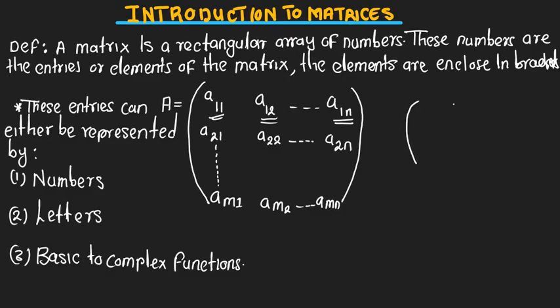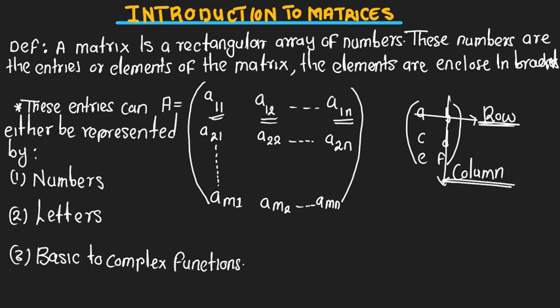The first station, if I was to give an example of A B, C D, E F, the first station is actually called a row. The second station is actually called a column. These are the two stations in which matrices are aligned.